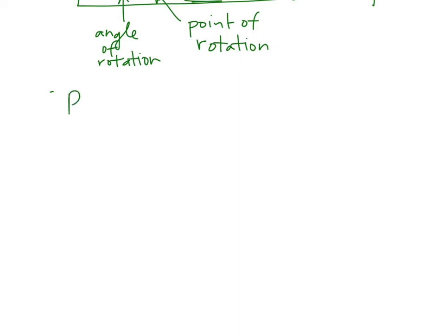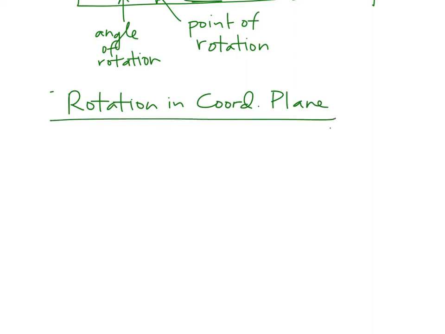If you are doing a rotation in the coordinate plane, there are a couple rules that just kind of help you do it quickly. So if you have to do a rotation of 90 degrees about the origin, right? O is the origin, okay?